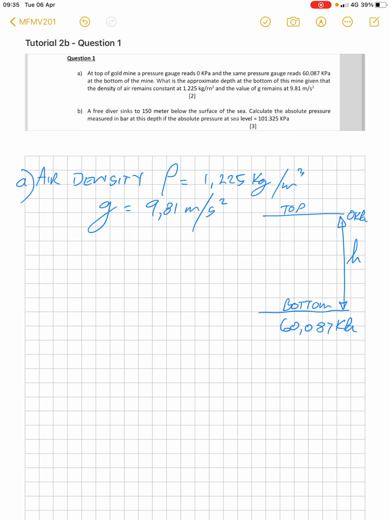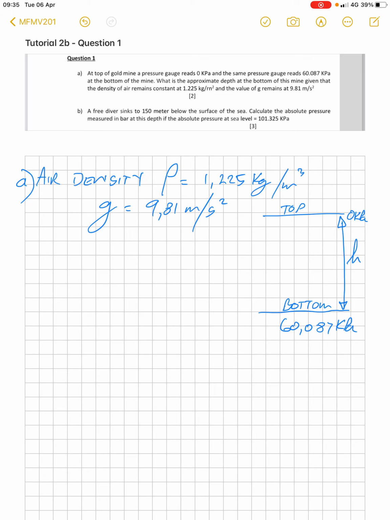Alright, so we've been given the density of air and gravitational acceleration, and we know that we have two pressure readings, one at the top of the mine, one at the bottom, and what we're trying to do is determine the value of h, which is the height or the depth of the mine.